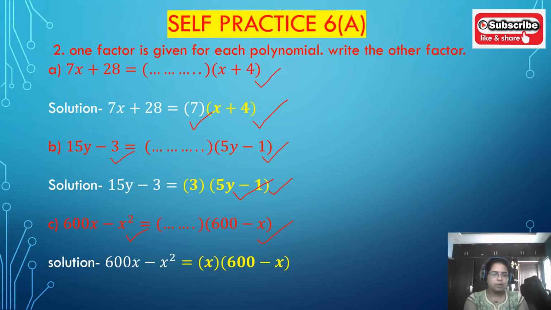So x multiplied with 600 minus x is the factors of this expression 600x minus x square. So 600x minus x square is the product of the factors x and 600 minus x, and 600 minus x is written inside the parenthesis.